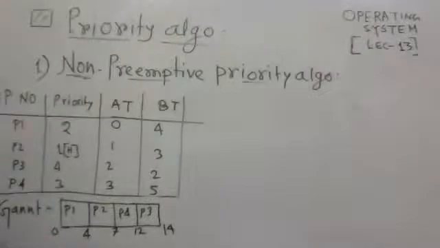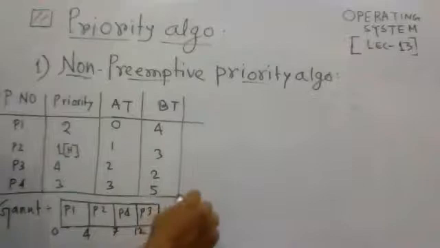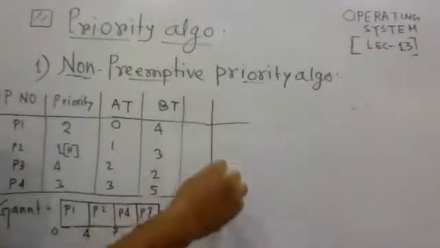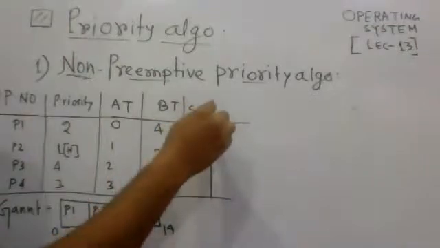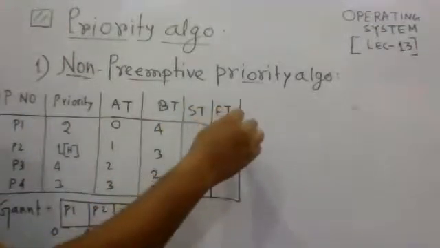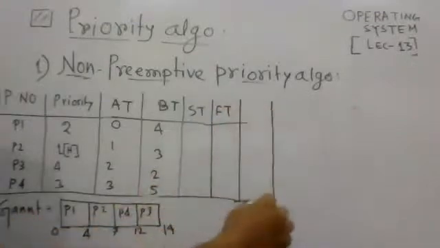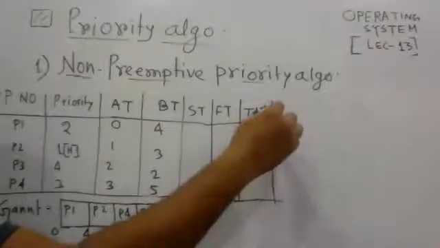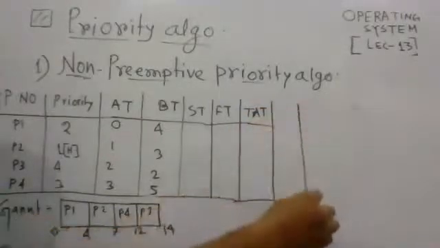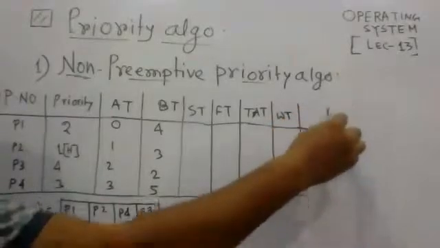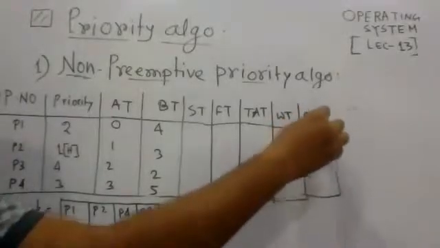Now using this chart we can calculate number 1 starting time, number 2 finished time, number 3 turnaround time, number 4 waiting time, number 5 response time.